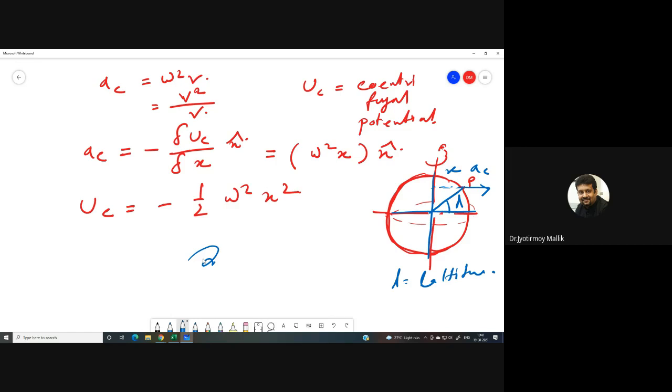And let us say this is theta. Then theta here will be called the co-latitude, which is nothing but 90 degrees minus lambda.